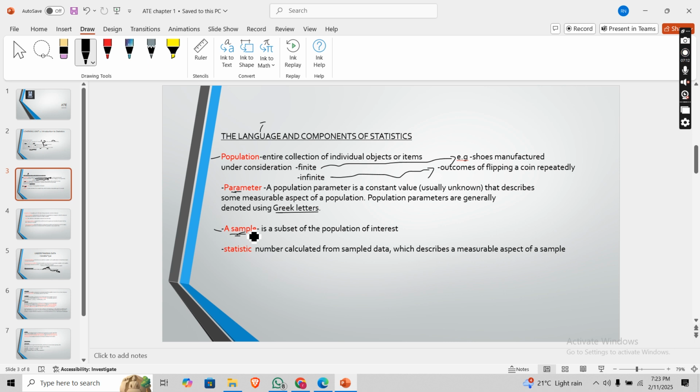Referring to the earlier example of 80 students, as I told you, those 80 students are my population.